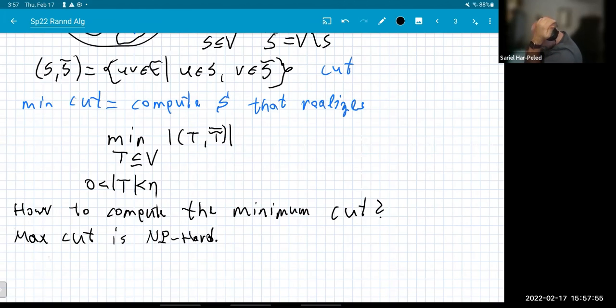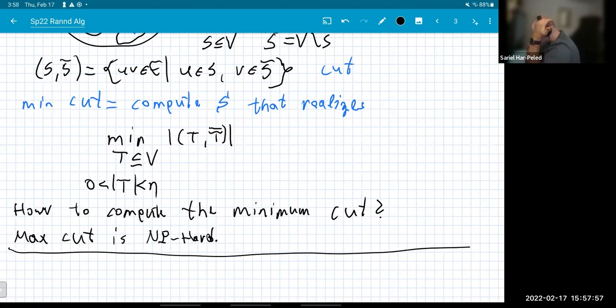Okay, now as far as the question on the chat, I'm here assuming that the edges do not have weights. Of course, the general version of the problem is that the edges have weights, and you're trying to minimize the total weight of the edges getting across the cut. It turns out that the weighted version is not much harder than the unweighted version. But for our purposes, we're just going to do the unweighted because it makes life so much easier.